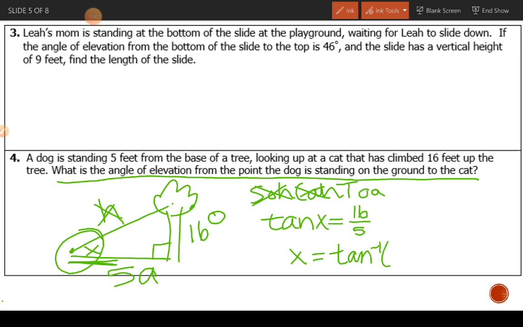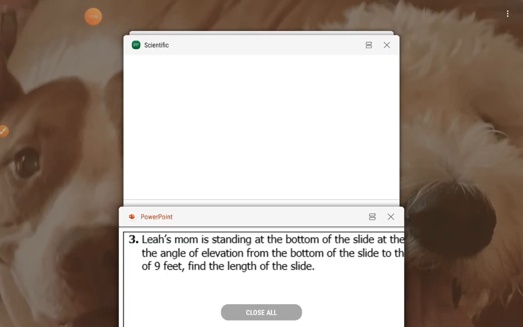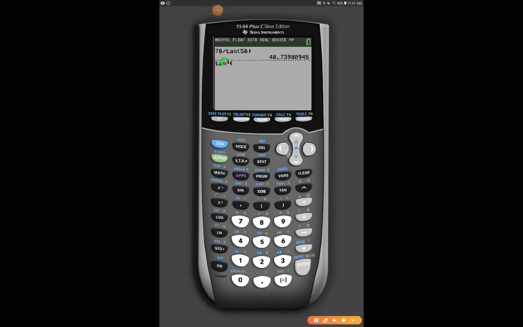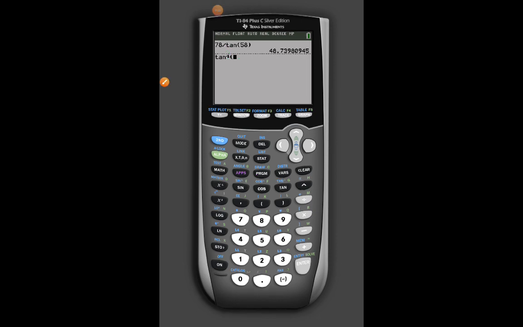So tangent -1 of 16 divided by 5. And again, if you're using the TI-84 calculator, you're going to be using the second tangent. Make sure it has that -1 right there, okay? So second tangent of 16 divided by 5. Make sure it's also in degree mode.